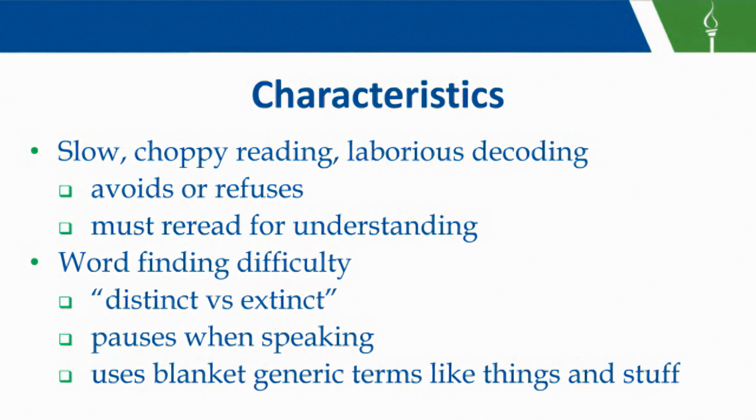Our students often avoid reading out loud or reading tasks or refuse to do them entirely. It often takes them many more rereads to garner content and understanding from what they are reading.